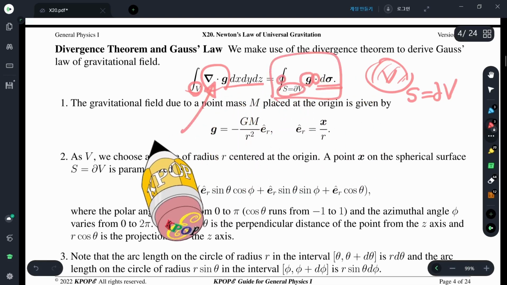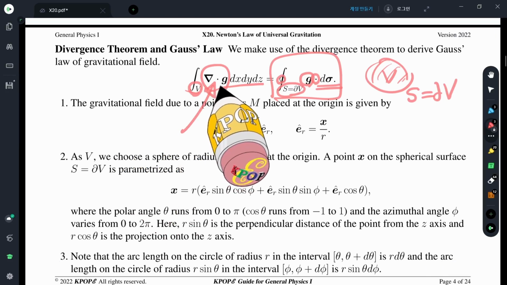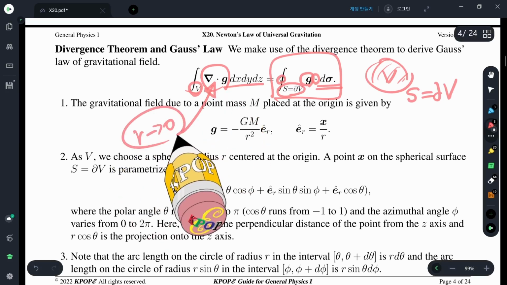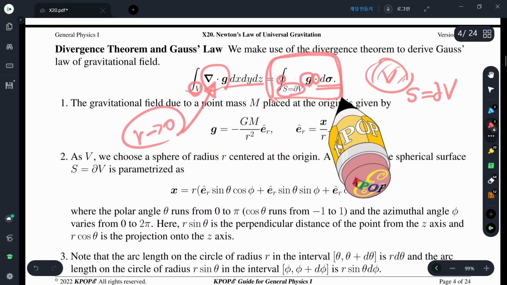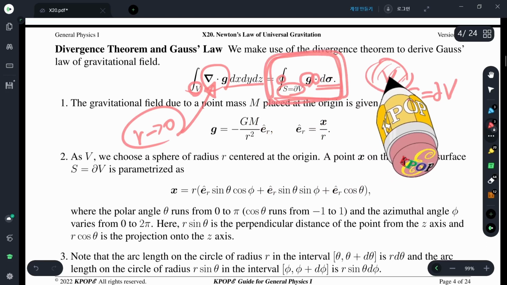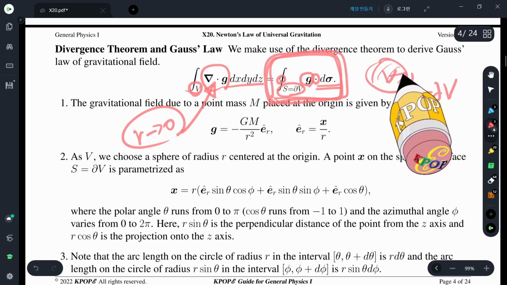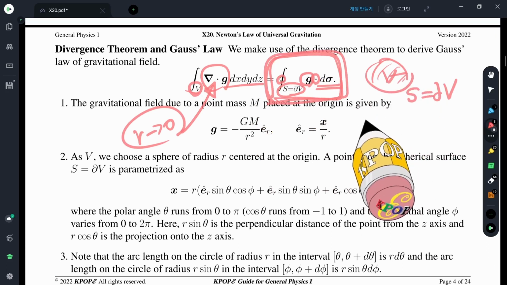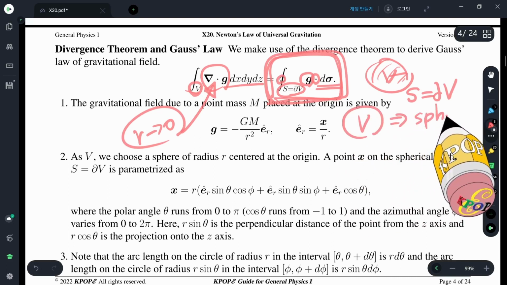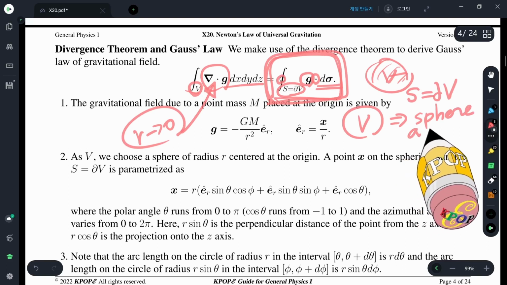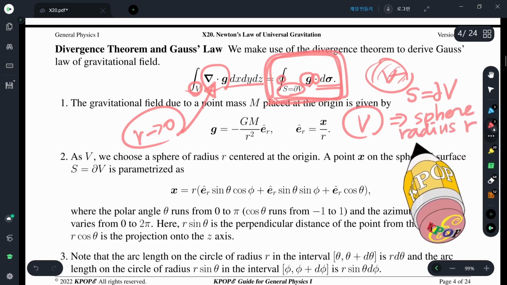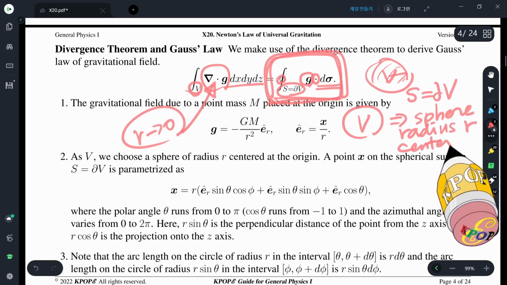We had the problem of evaluating the integrand as r goes to 0. However, this right side can be evaluated because the radius is usually finite, and why don't we take the volume to be a sphere of radius r and centered at the origin.